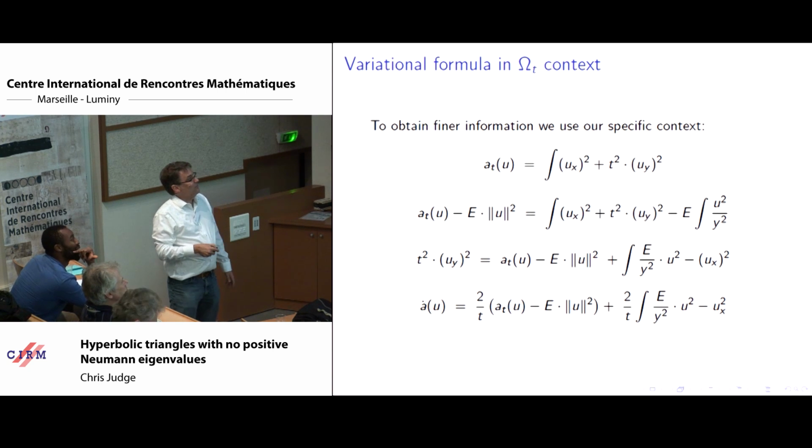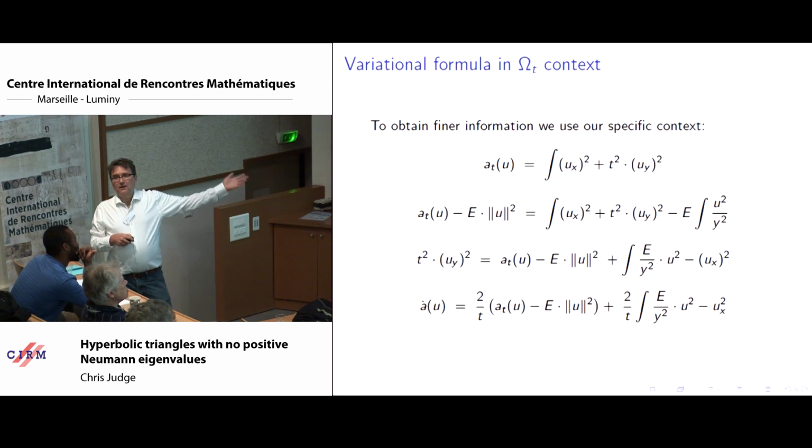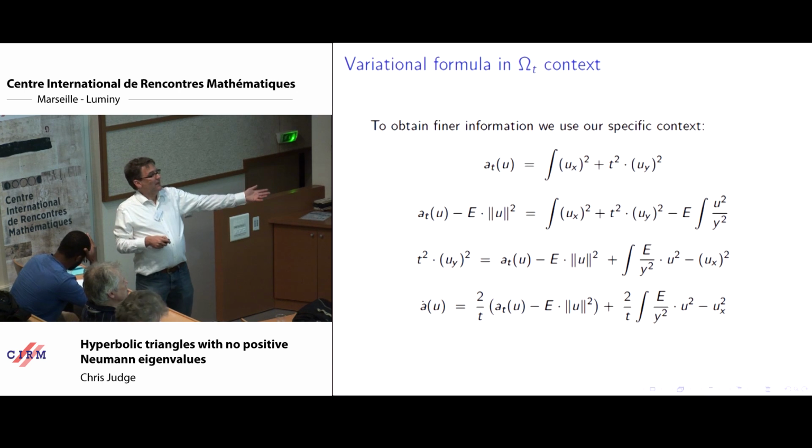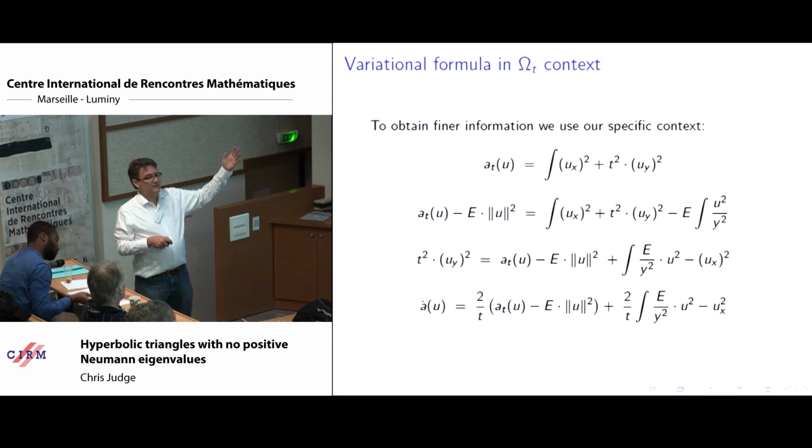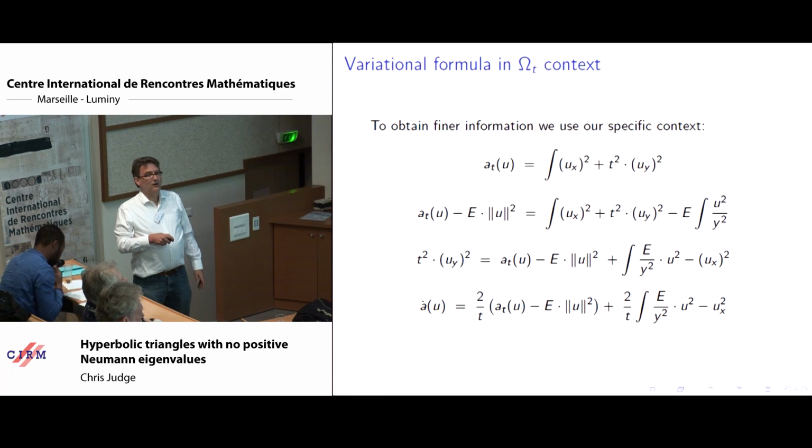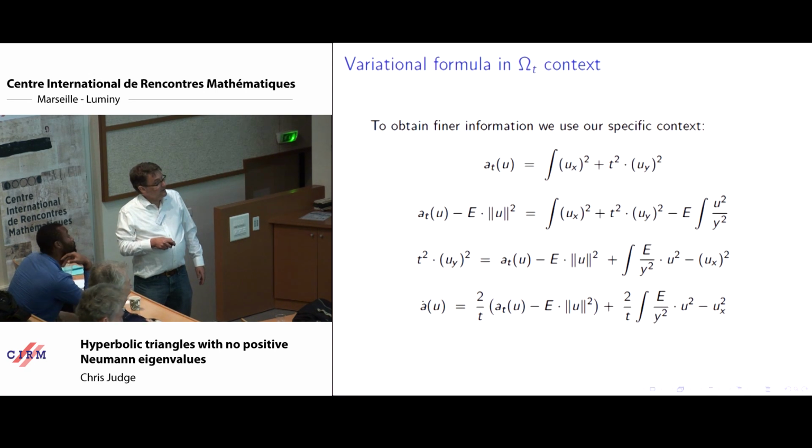Q dot and A dot are essentially the same, and basically Q dot of u is E dot. So I want to show that this is very large. That's how I'm going to show things are going to 0. And they look good because there's this t factor here, so it looks like it should be 2 over t.